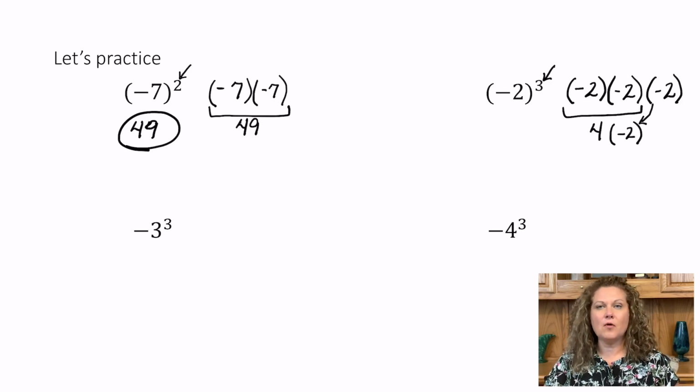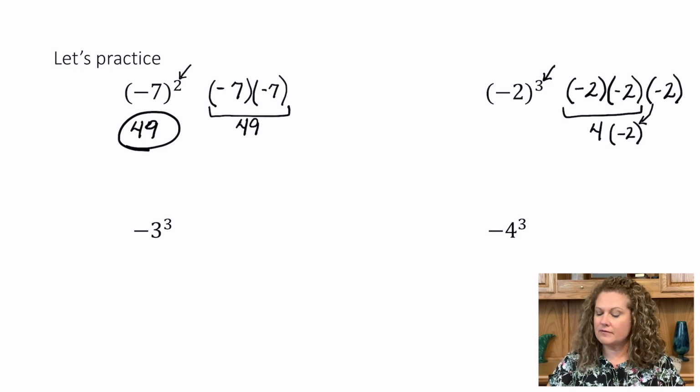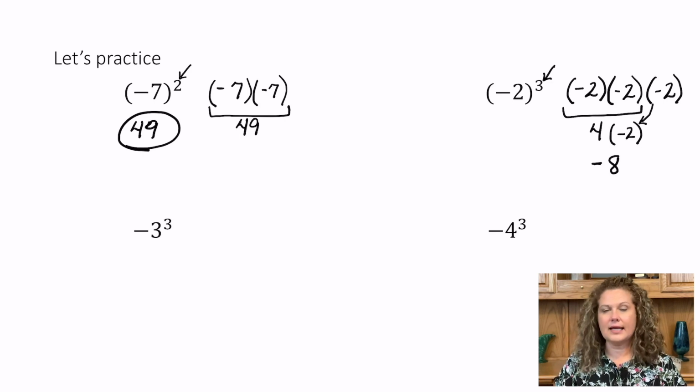So now I have 4 times -2. Well, a positive times a negative is going to be a negative. 4 times 2 is 8. So the product of the power -2 to the third power, written with the -2 in parentheses, is -8.